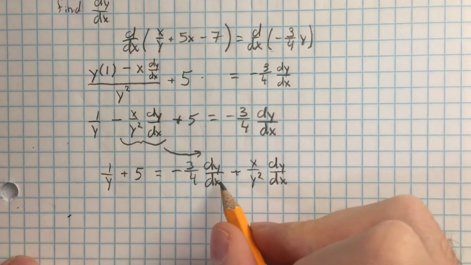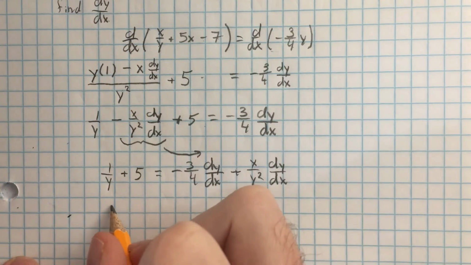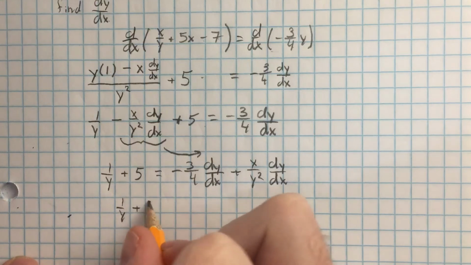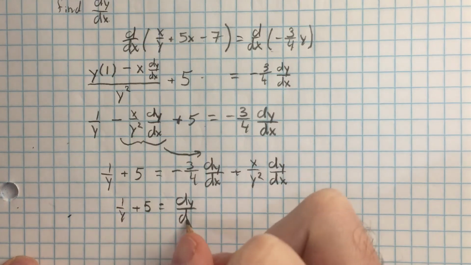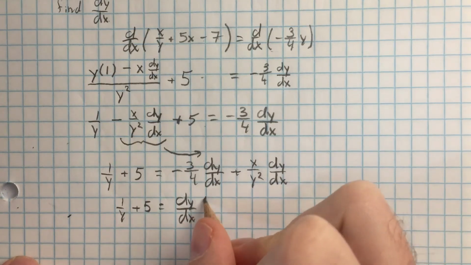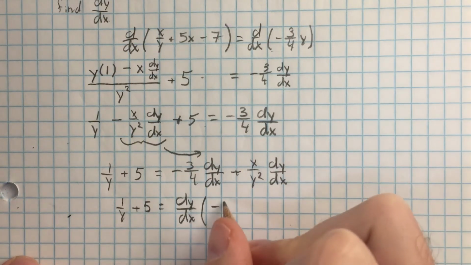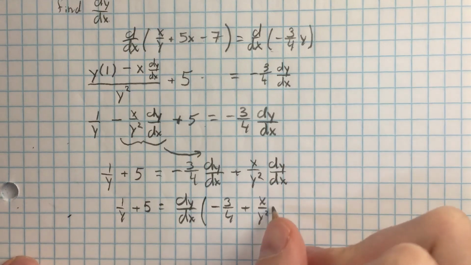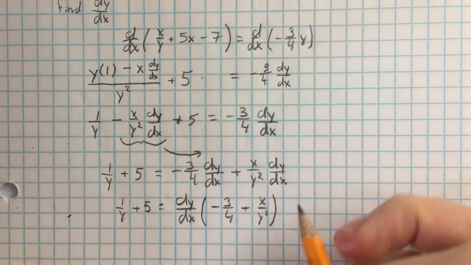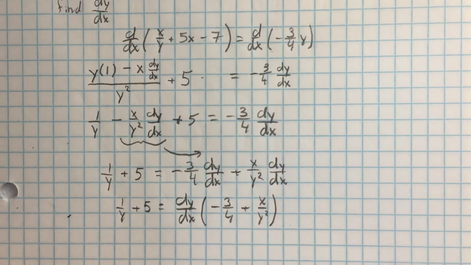So now factor off dy/dx. We'll have 1 over y plus 5 equals dy/dx times negative 3/4 plus x over y squared. Now dividing off, we'll have dy/dx solved for.